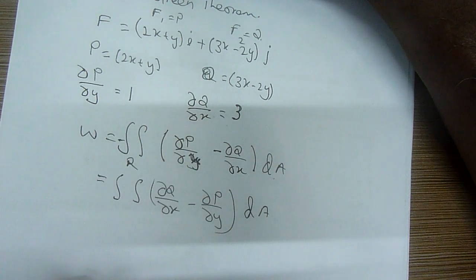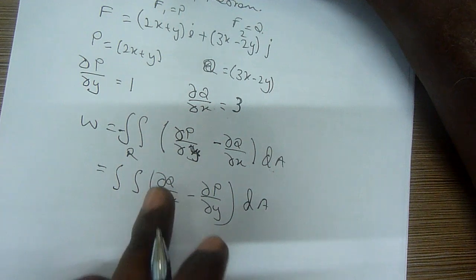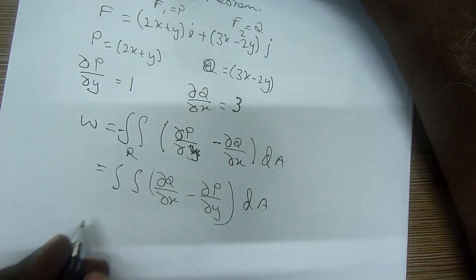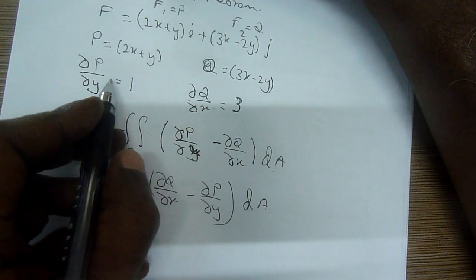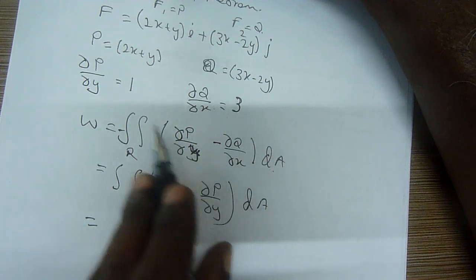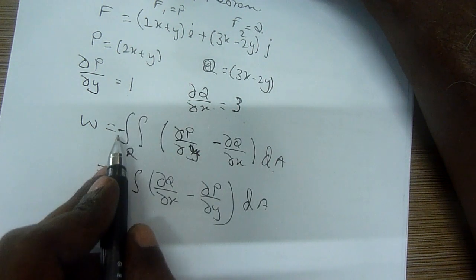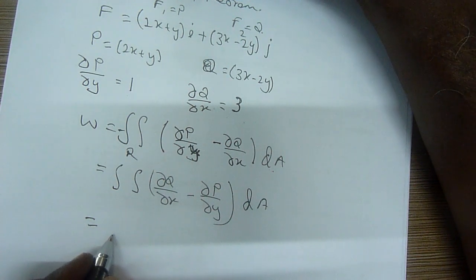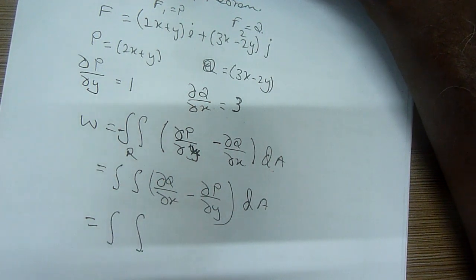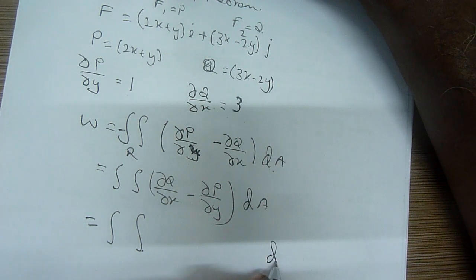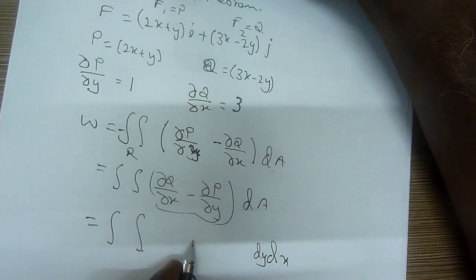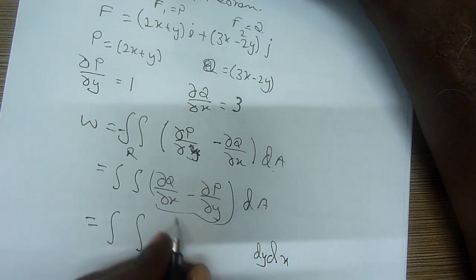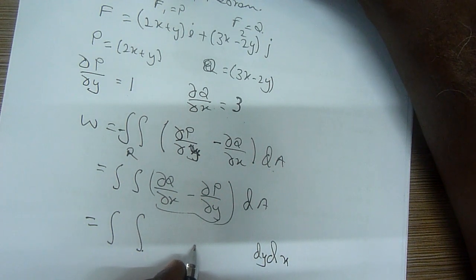Can. You can use either one of this, but later I'll tell you the idea of this. When I use this, it is 1 minus 3 minus, I'll get a positive, right? Therefore, what is the equation that I need to use for the dx dy, where this is ∂Q/∂y, this is a 2.